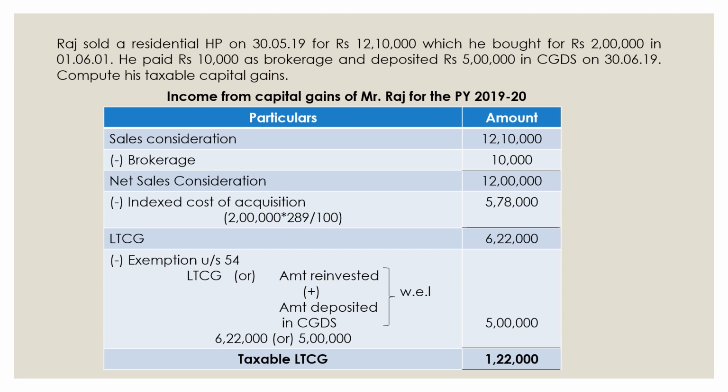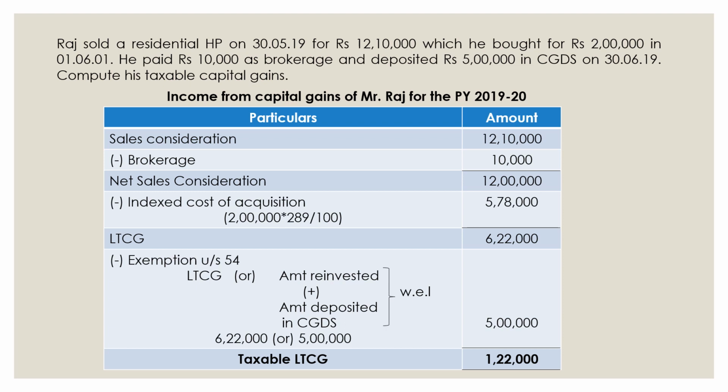Cost of acquisition into the CII for the year of sale divided by the CII for the year of purchase. So here the inflation index for the year 2019-20 is 289 and the CII for the year 2001-02 is 100.